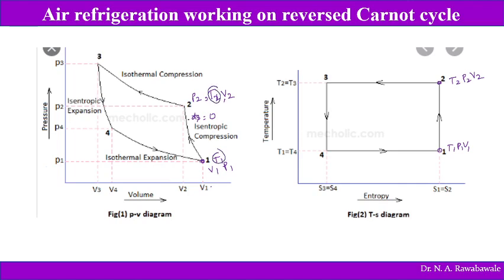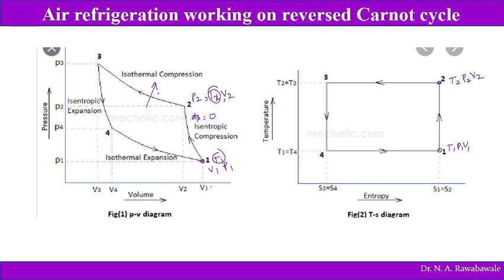And further from point 2 to 3, air is compressed by isothermal compression, reversible isothermal compression. So during which temperature is remaining constant. Always when we are going to compress air, the temperature of air has to increase. But here this is the isothermal compression where heat energy is rejected from this system to surrounding.